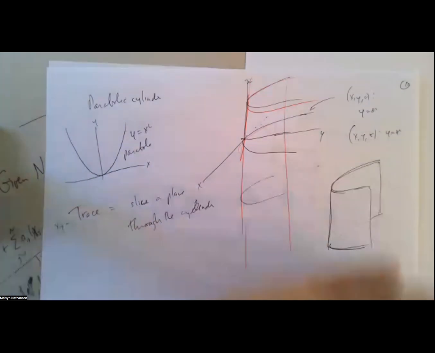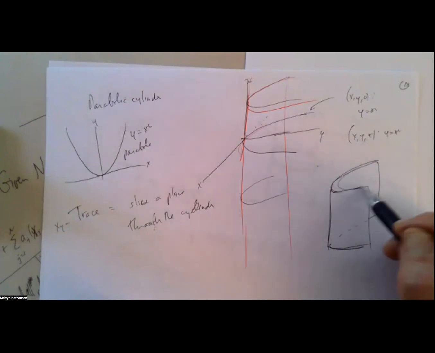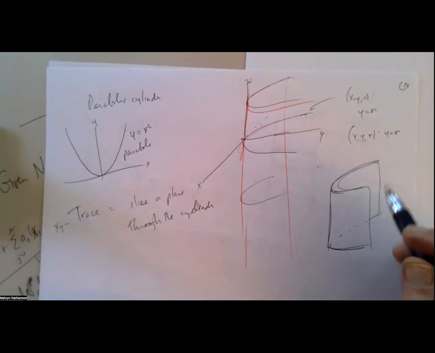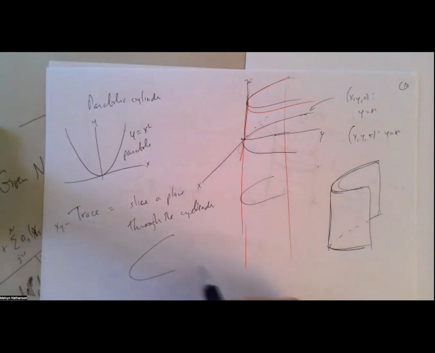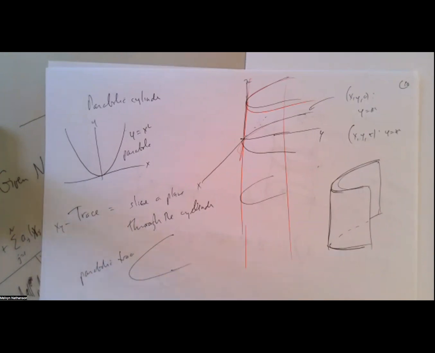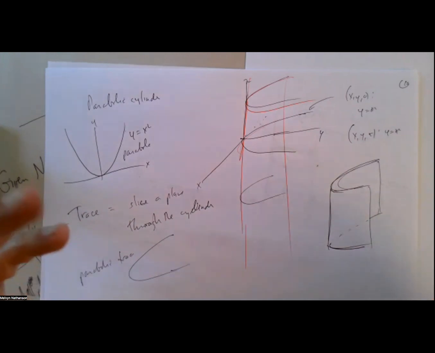Just take a plane and cut it through the cylinder parallel to the XY plane. It will always cut out this parabola. So you have the so-called parabolic trace. That's all a cylinder is.